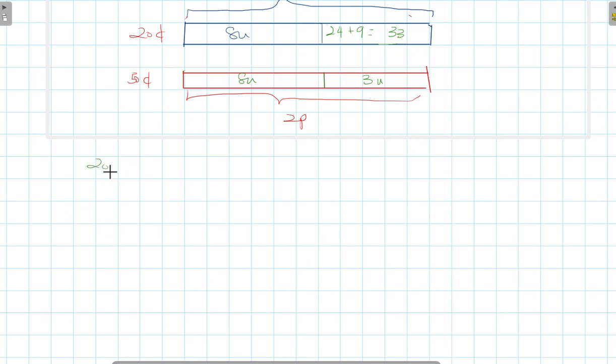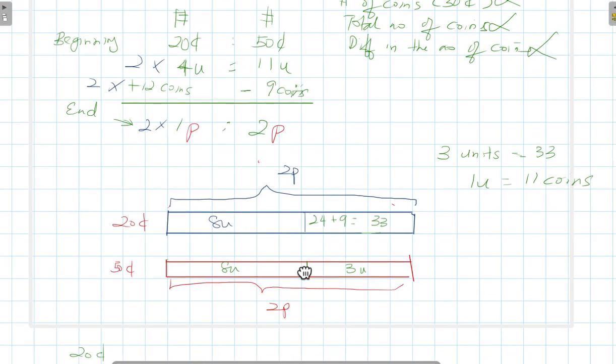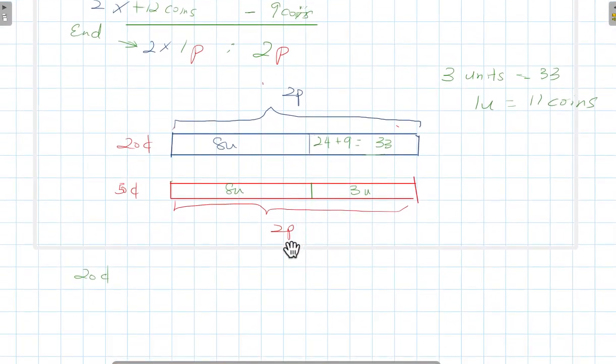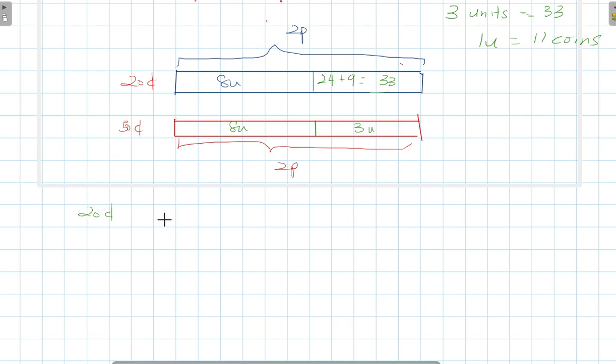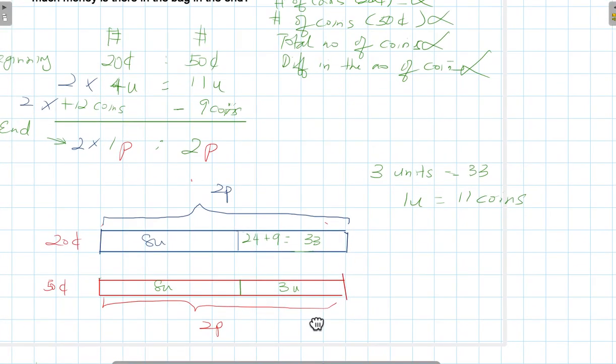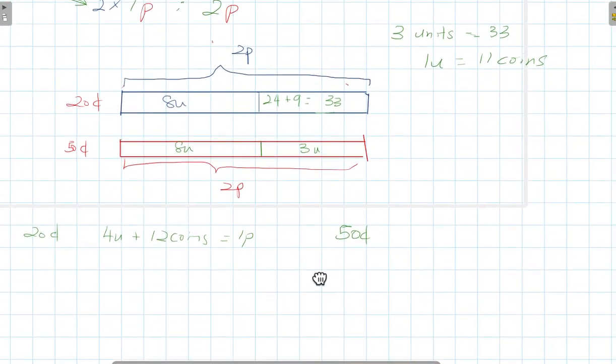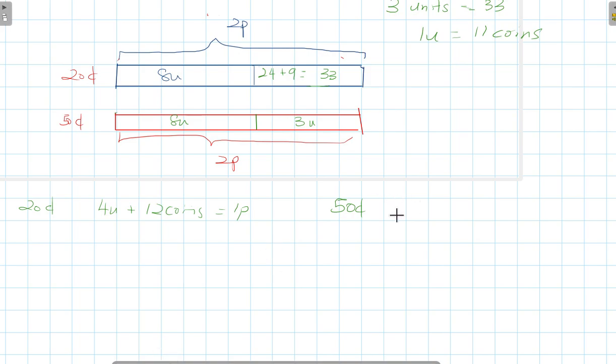So 20-cent coin, 4 units add 12 coins, right, equals 1 part. What about the 50-cent? 11 units take away 9 coins equals 2 parts.